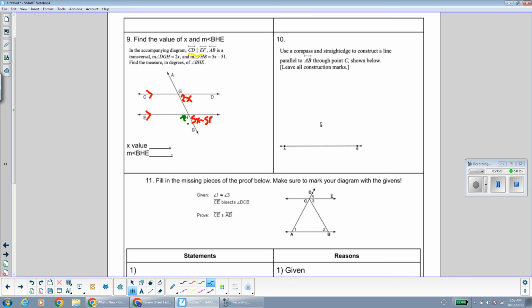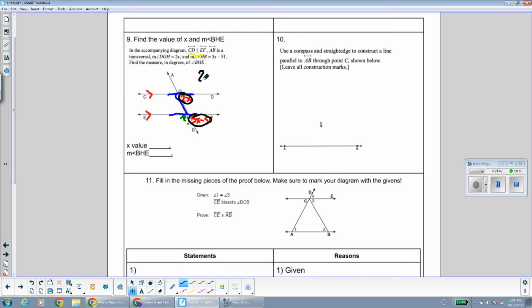So we have parallel lines cut by a transversal. And I notice that this angle is bottom left, and this angle is also bottom left. So they're in the same position. That means they're corresponding angles, and corresponding angles are congruent when parallel lines are cut by a transversal.